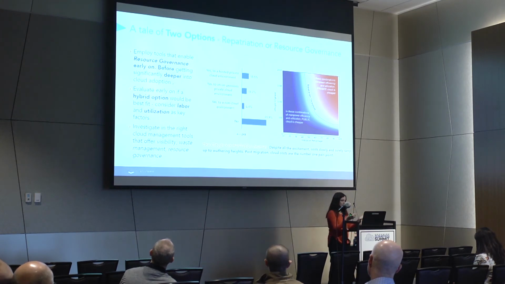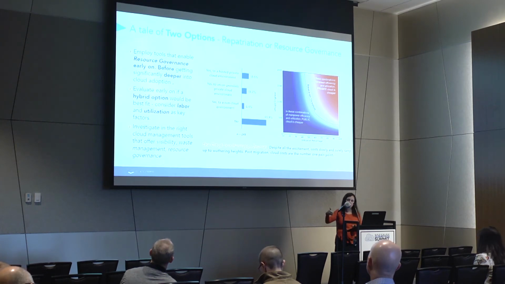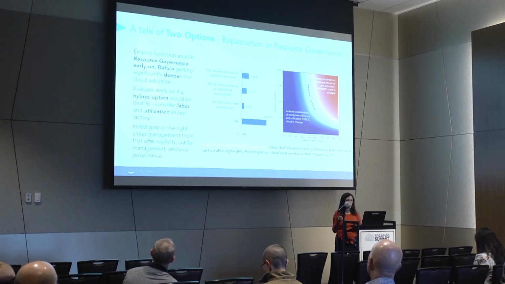So knowing this, and now that this data is available, if an organization is investing in their cloud strategy and is relatively early in the journey, there is potential to not make some of those mistakes, and hence to invest early in the right hybrid cloud strategy. That means considering incorporating at least one private cloud as part of your overall cloud strategy, and also investing early in the right resource governance and waste management tools.